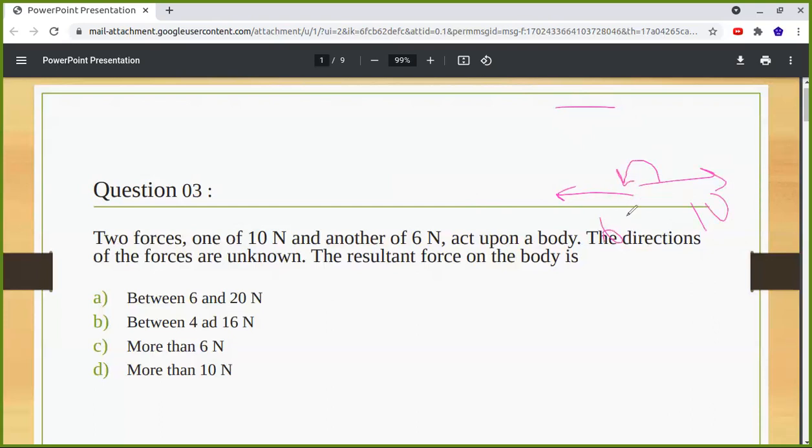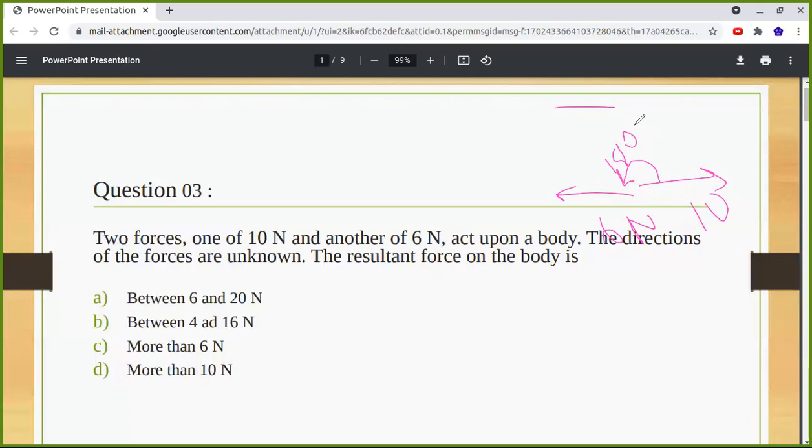So just remember this. In this case, we have put the angle of 180 degrees between the two forces. The resultant force would be minimum. If the angle is 0, the resultant force would be high. If the angle is 180 degrees, the resultant would be low.